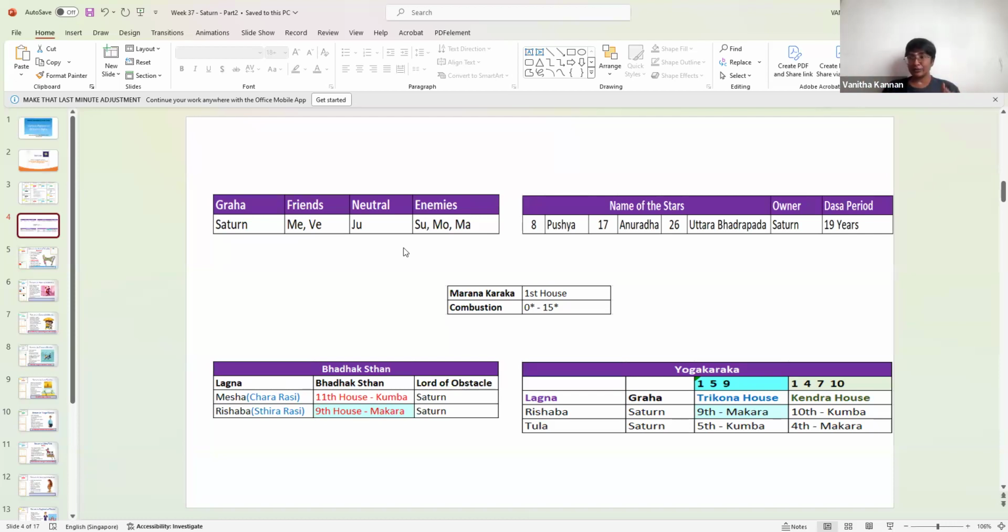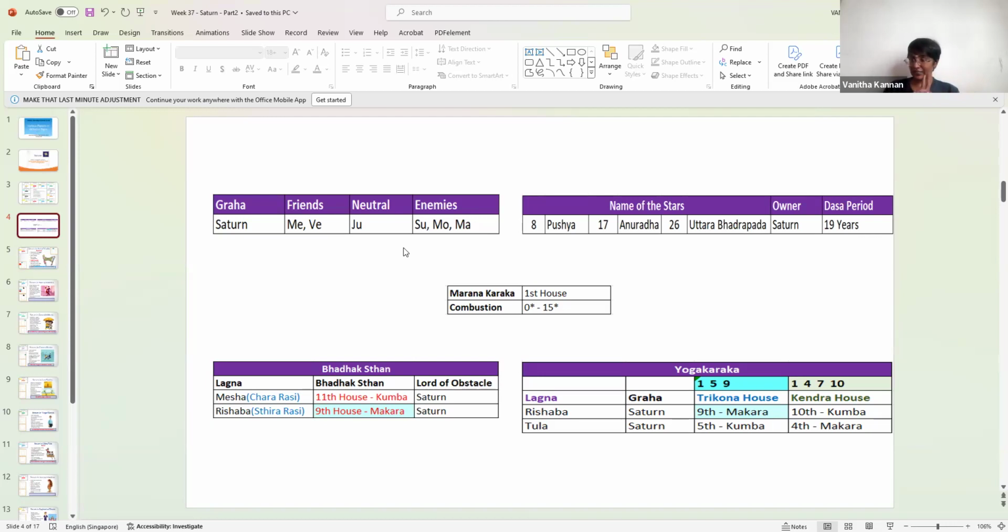Yoga Karaka: we already know if the Graha is the Lord of a house in the Trikona, as well as in the Kendra, that is the Yoga Karaka. For Saturn, for the Rishabha Lagna people, Saturn owns the 9th house and the 10th house.